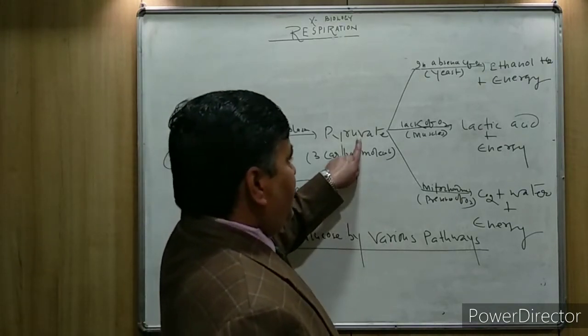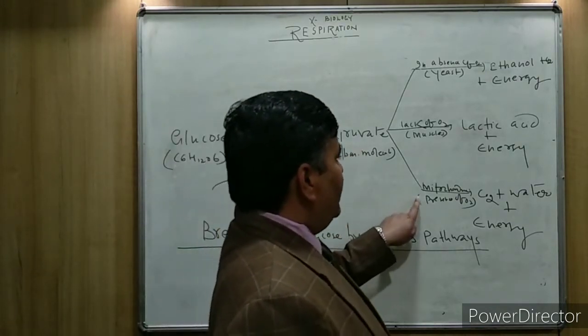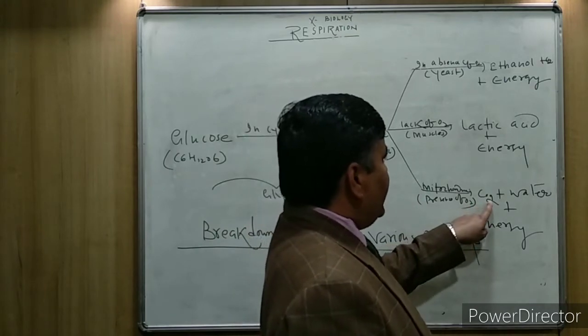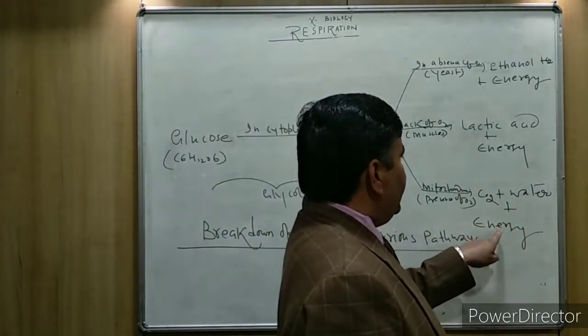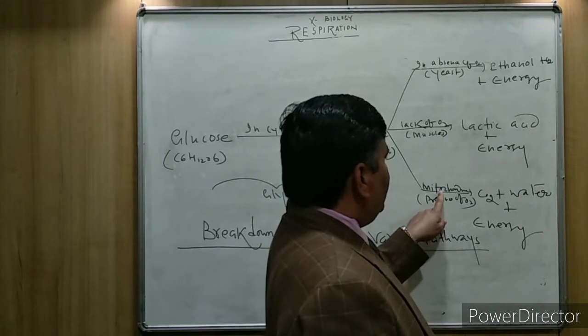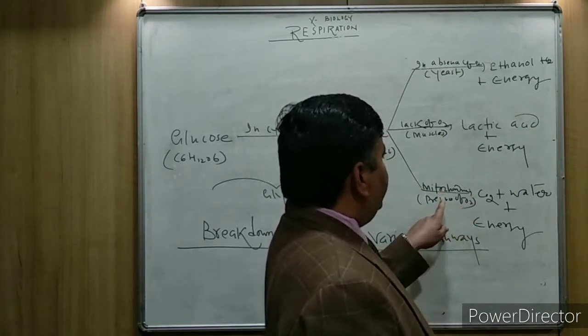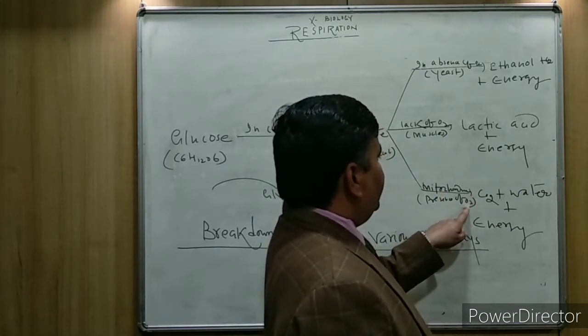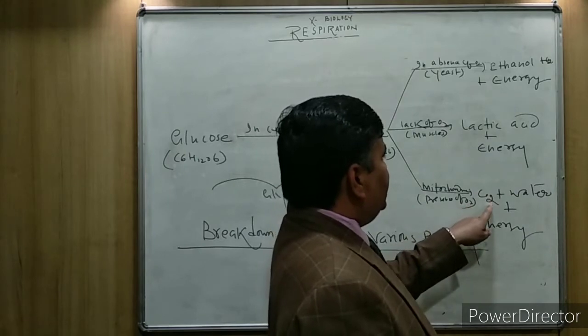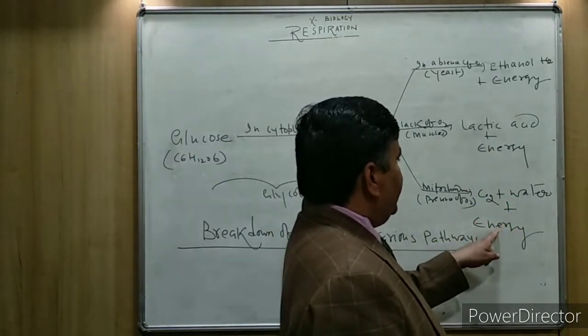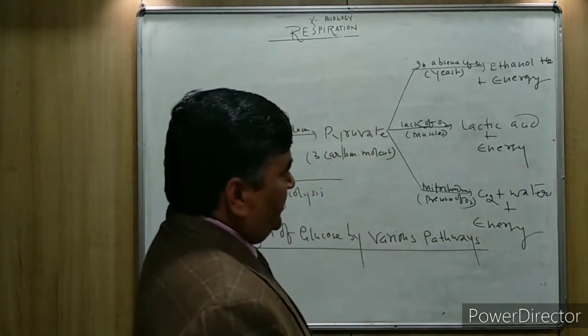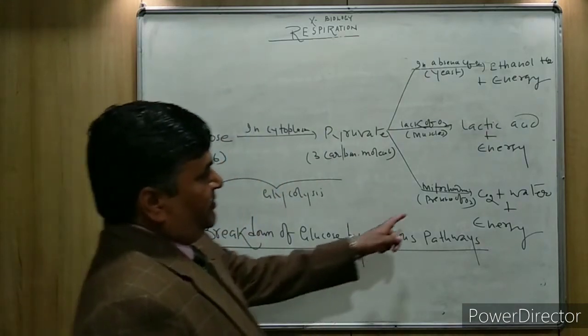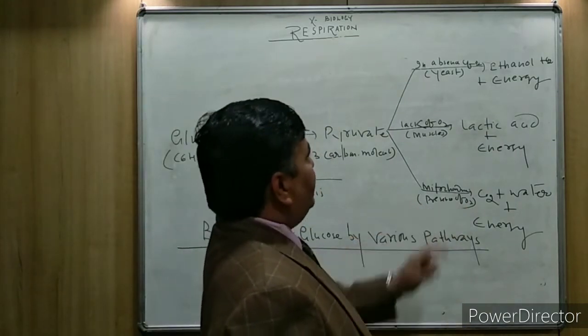The pyruvate is broken down into carbon dioxide, water and energy in mitochondria in presence of oxygen. You can see here CO2, water and energy, these all are produced in the presence of oxygen inside the mitochondria.